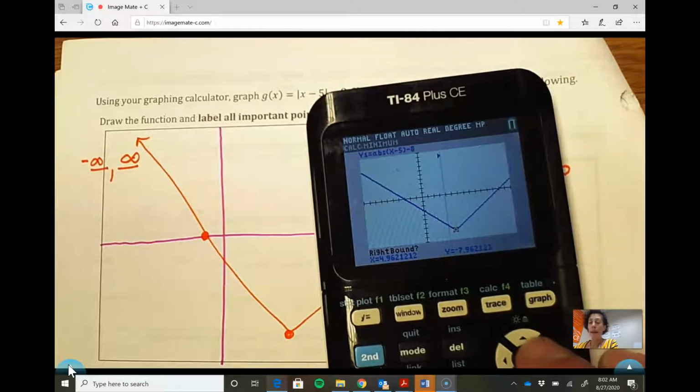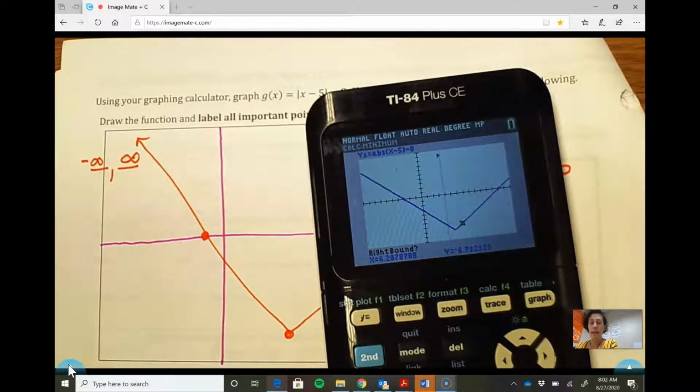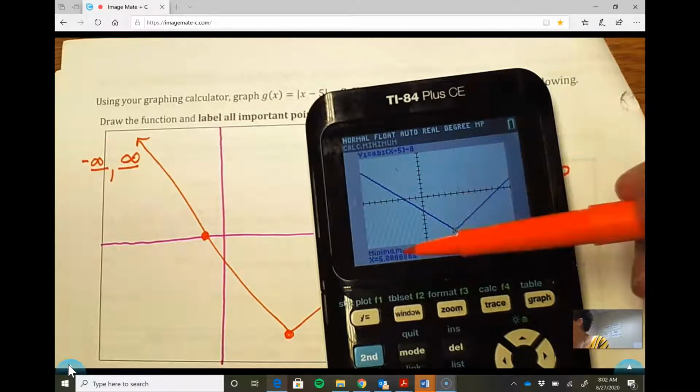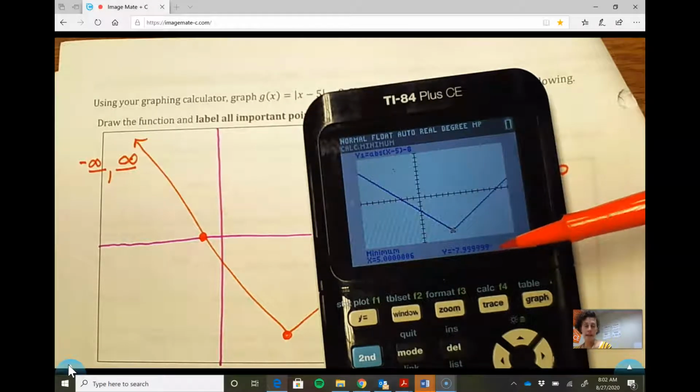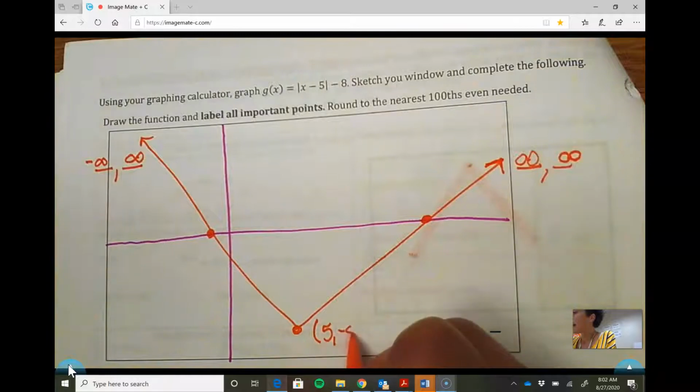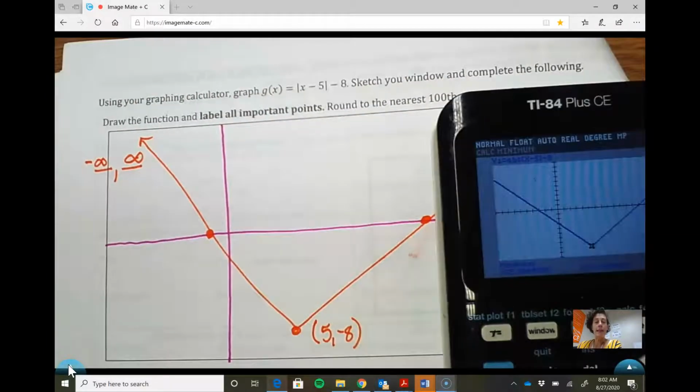And when it says right bound, I go to the right, hit enter. And again, on the phone, you're done. On the calculator, like I'm doing, it will ask me one more thing, guess. I'll hit enter. And it's 5. And again, we're just going to be rounding that to negative 8. All right, so I'm going to write that down. There's 5, negative 8.